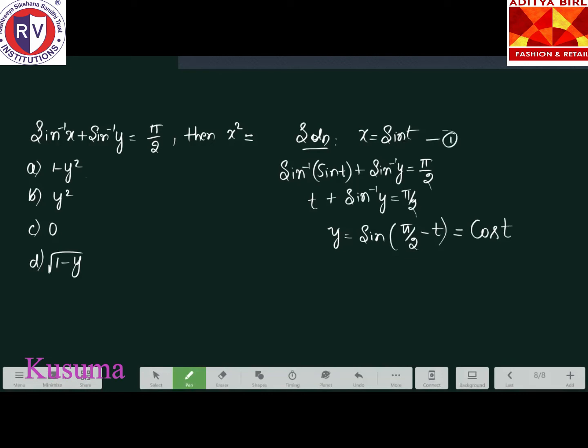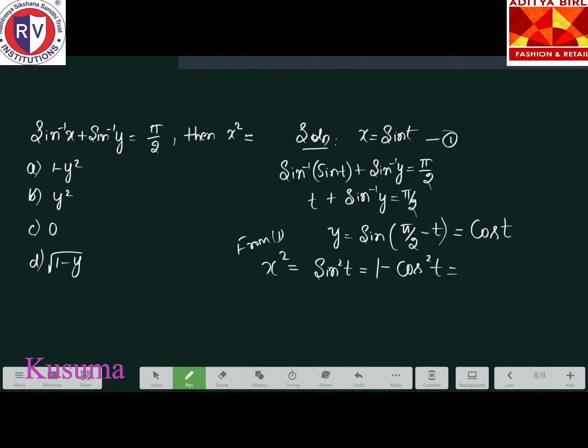We need x square, right? So what is x square from equation 1? From equation 1, x square is sine square t, right? So what is sine square t? 1 minus cos square t. Yes, very good. We know what is cos t here?